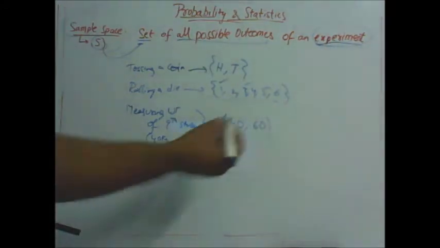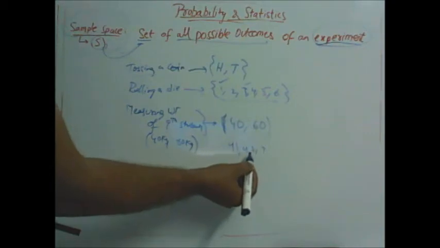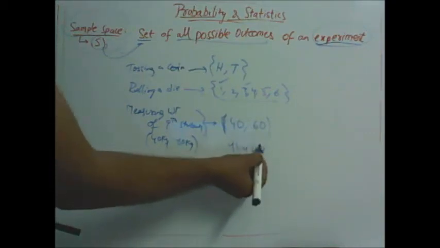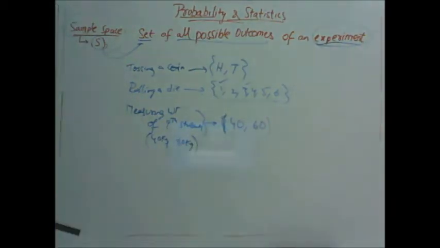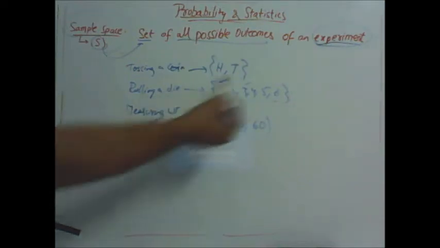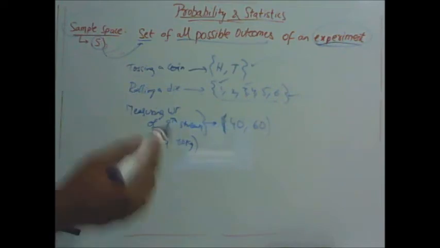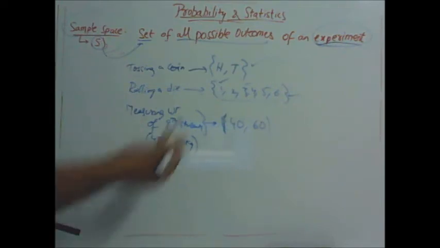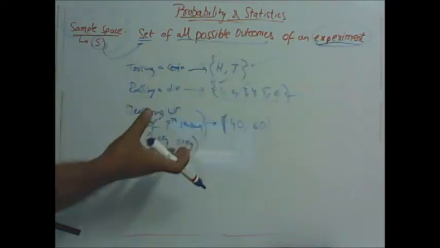So we cannot say we will get 41 only. We cannot list 41, 42, 43. Weights can even be 41 point something, 42 point something. So we cannot count it, we can only measure it. Depending on the outcomes, the sample space can be classified into discrete or continuous. For those experiments whose outcomes are clearly countable, it may be a finite or an infinite number of outcomes. Here in this case it is a finite number. We can directly see them, only a limited number of outcomes.